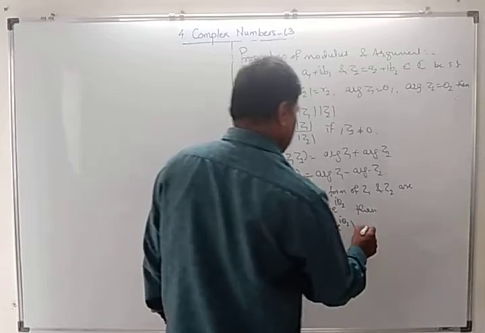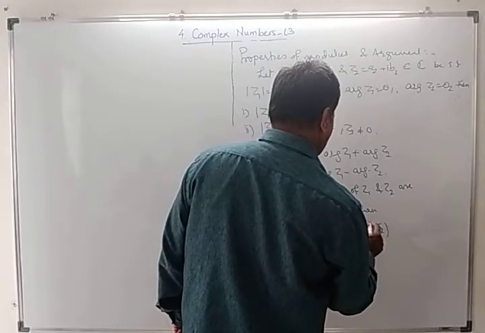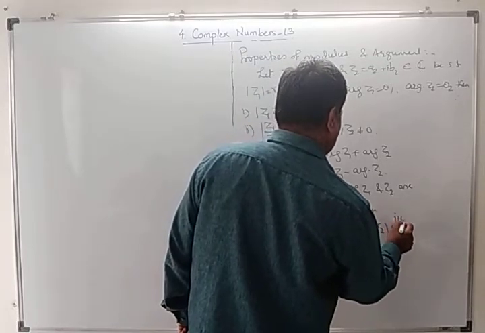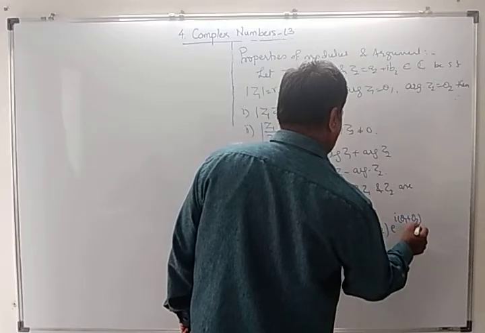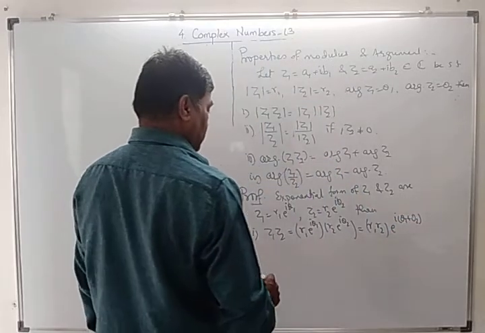This is nothing but r1 r2 into e raised to i times theta 1 plus theta 2.